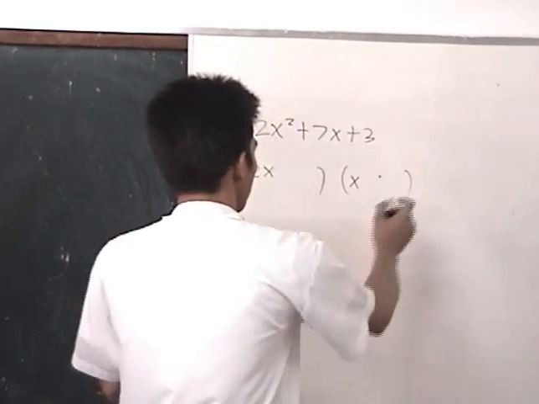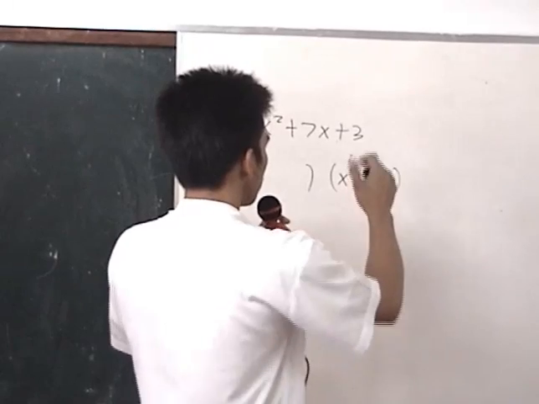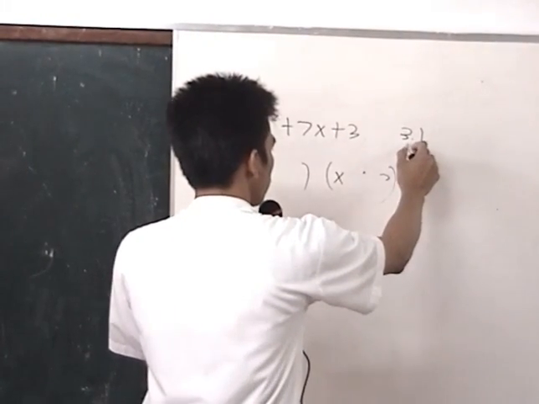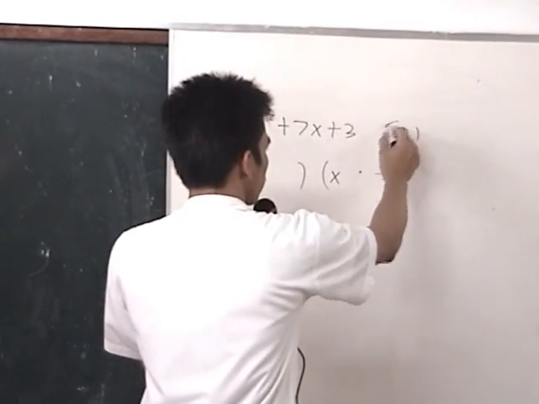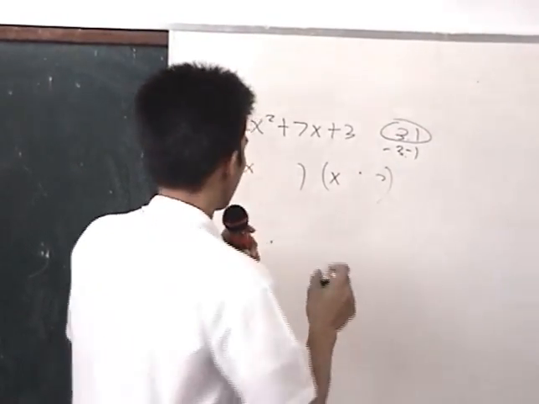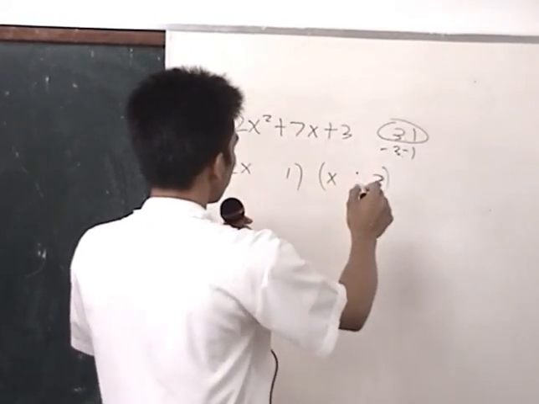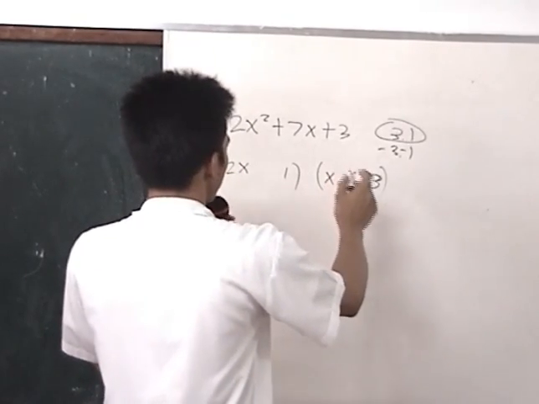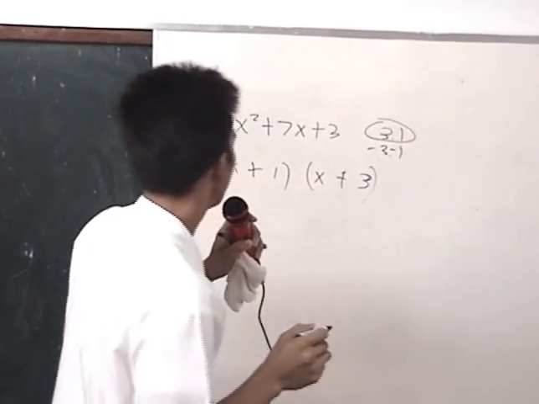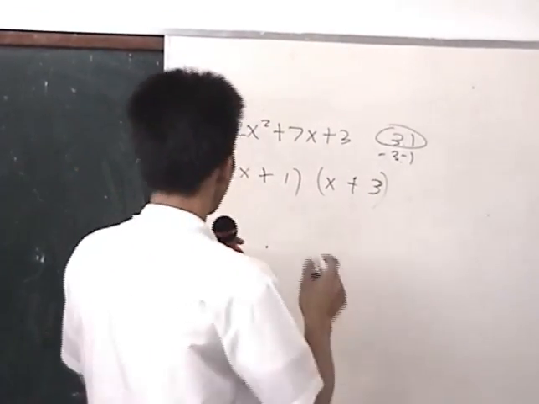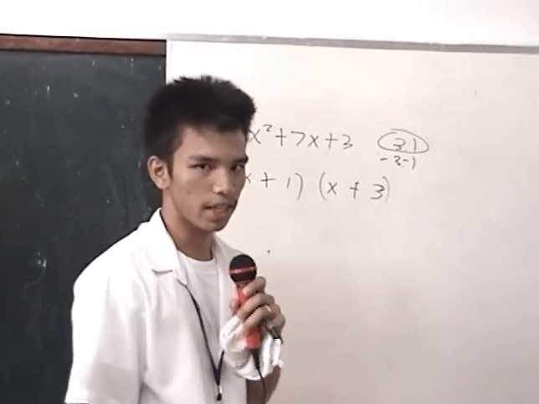The possible factors of 3 are 3 times 1 and negative 3 times negative 1. The possible factor is 3 times 1, so 3 and 1. And the sign is positive because the sign of the middle term is positive. And then the answer is 2x plus 1 and x plus 3.